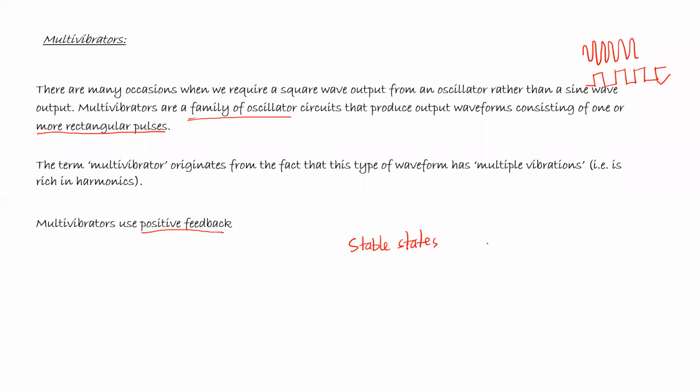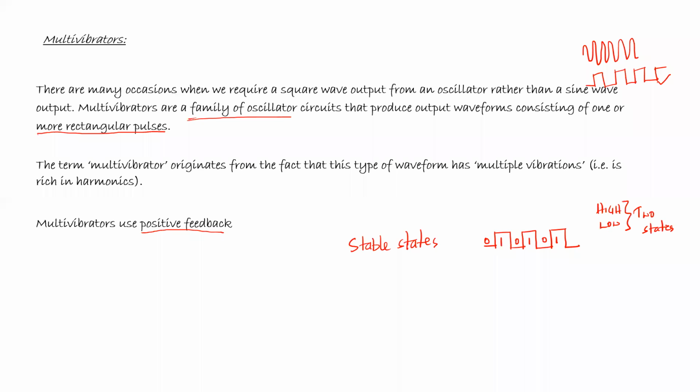Let me write that. How many different states or levels do you see here? Anybody? So this is 0, this is 1, 0, 1, 0, 1, or high or low. So how many such states are there? There are two states.